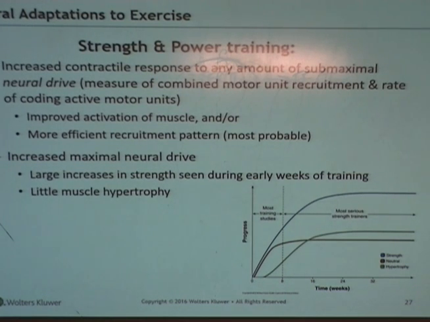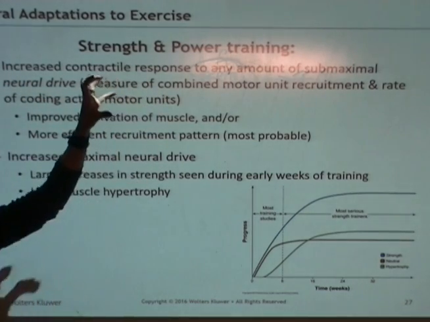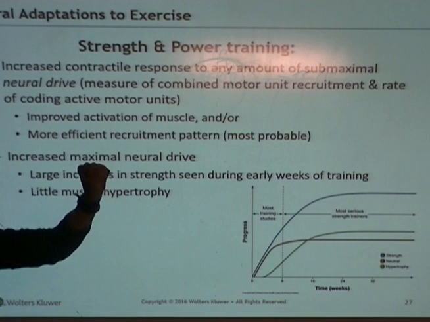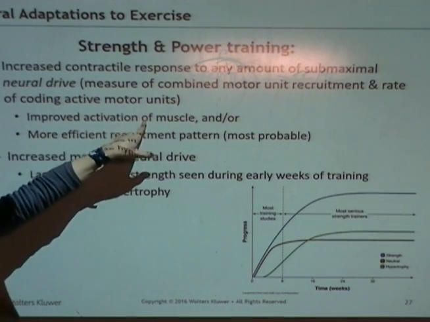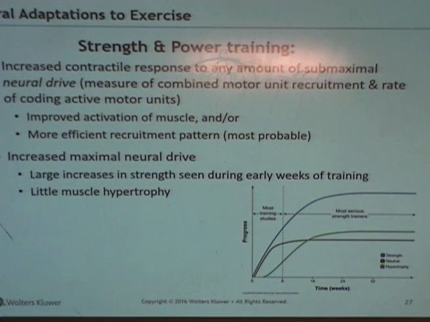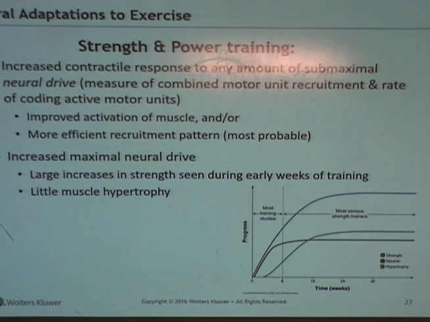So if I want increased contractile response, so I want more fibers contracting to generate more force, okay? I can improve activation of the muscle. And we do see that. But the research suggests that even more than that, what we see happen is this efficient recruitment pattern.